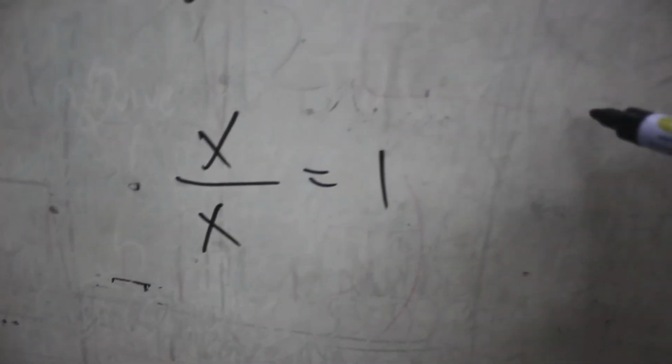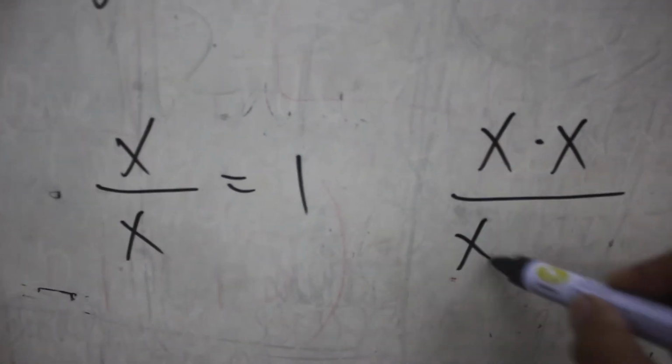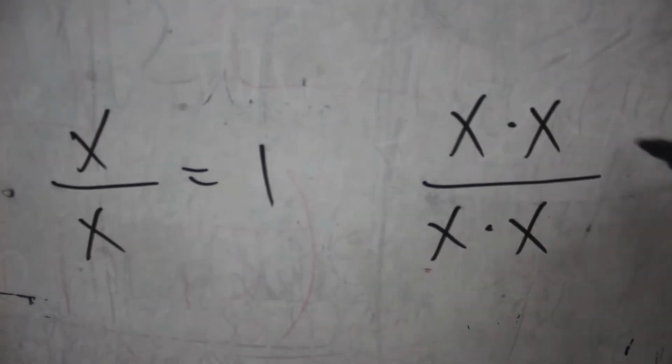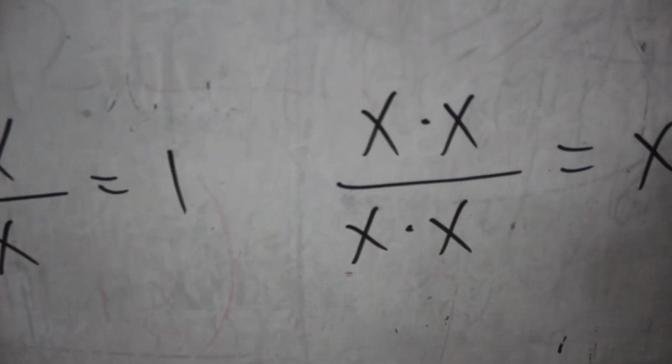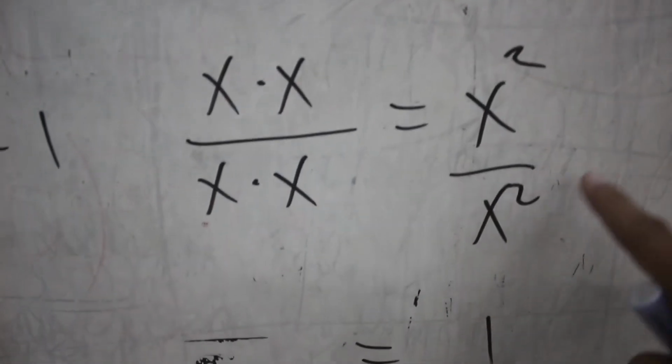Kapag ganito, x times x over x times x, or equal to x squared over x squared, or equal to 1, kasi itself by itself.